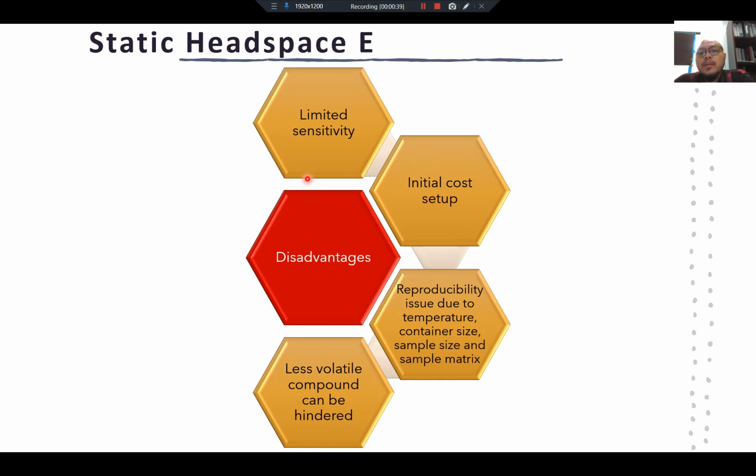For the disadvantages, first is very limited sensitivity. If we compare to the passive headspace extraction, where the analytes get concentrated inside of the charcoal, in static headspace you don't have any charcoal to absorb and concentrate them, so the sensitivity is quite limited. Initial setup cost is also quite high because the airtight syringe is quite expensive.